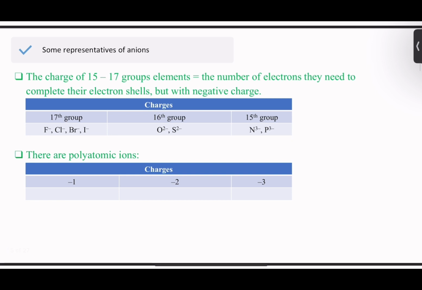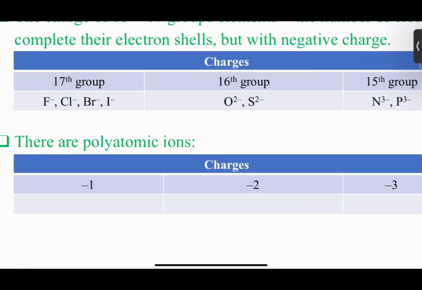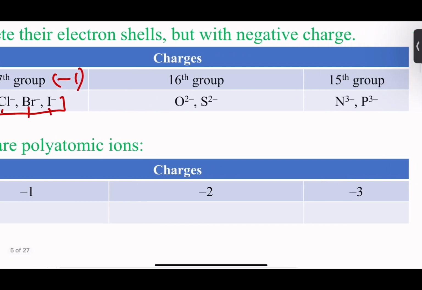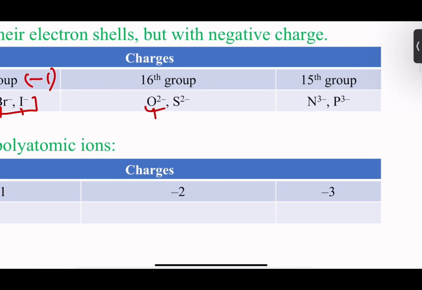Now we're going to go into anions, which are negatively charged. The group 17 elements, you need to know this by heart. They are always -1: fluorine, chlorine, bromine, iodine. Oxygen is -2 because it needs 2 electrons.